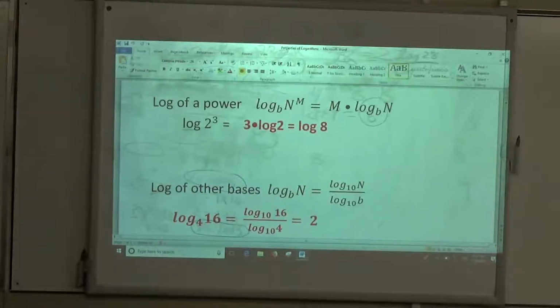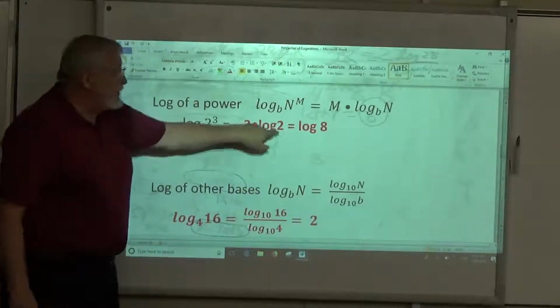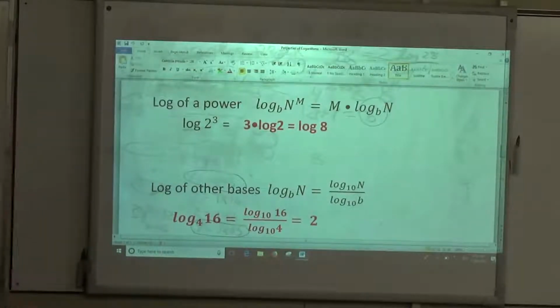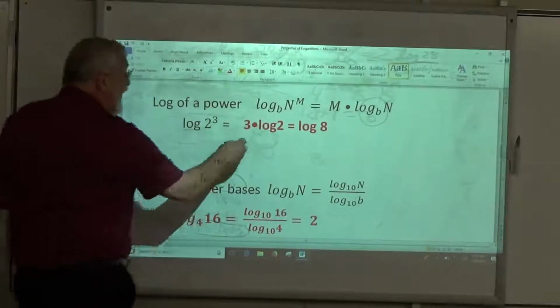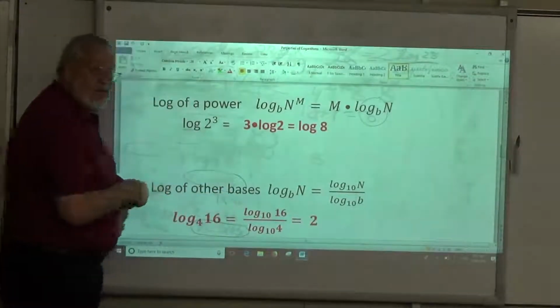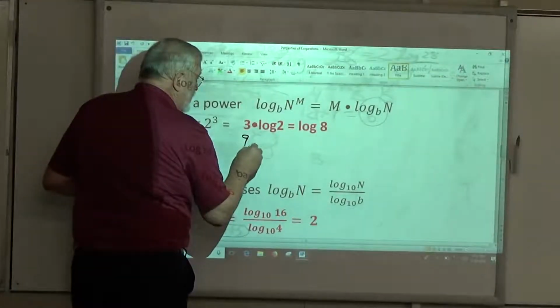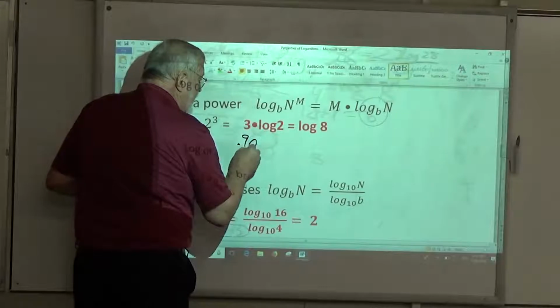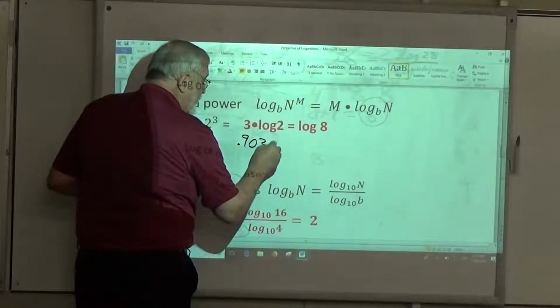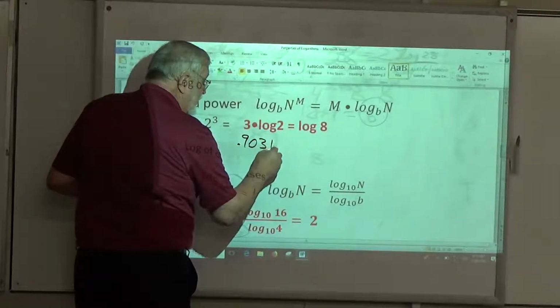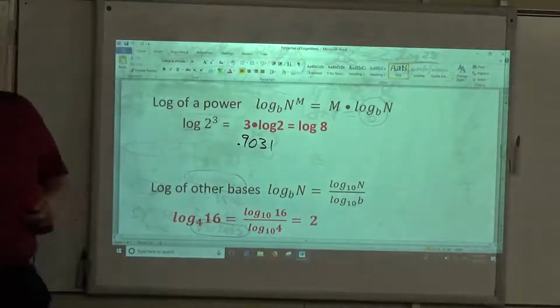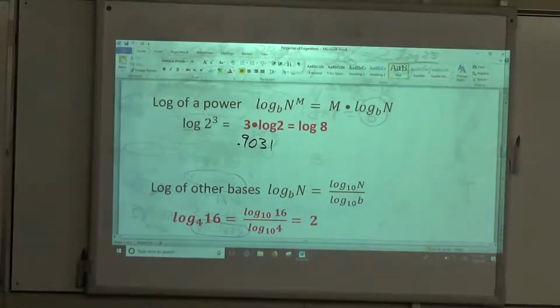Now, do 3 times the log of 2 in your calculator. It equals log of 8, except it doesn't say log of 8. I want you to get the value of 3 times the log of 2. 0.903. I got a little more.